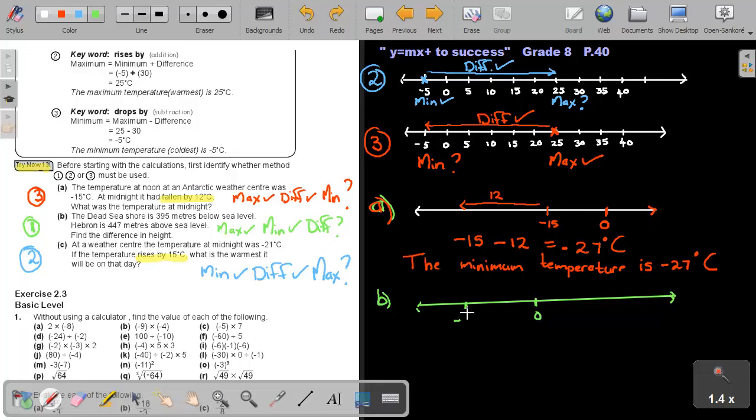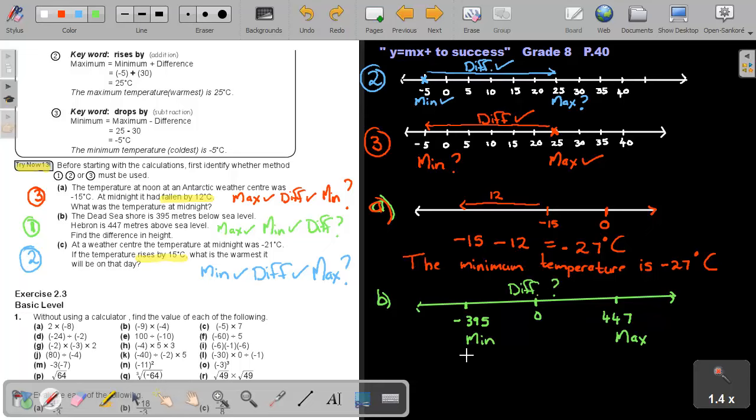So it's negative 395. Hebron is 447 meters above. So that will be positive 447. And then I'm giving you the minimum. I'm giving you the maximum, and I'm asking you to find for me that difference.